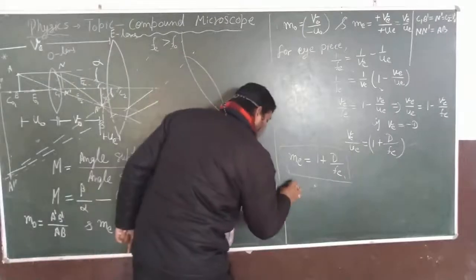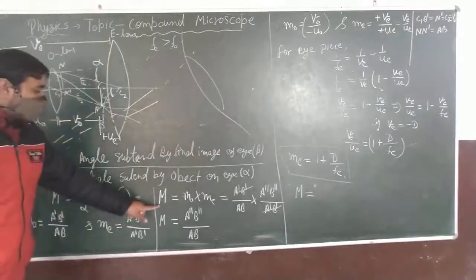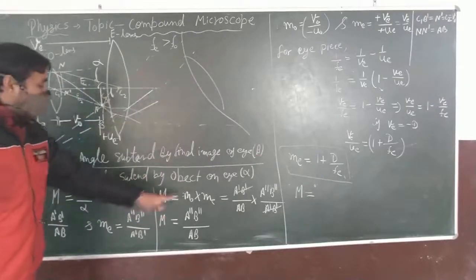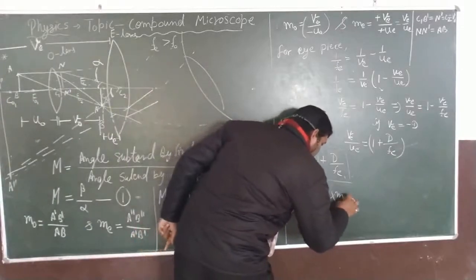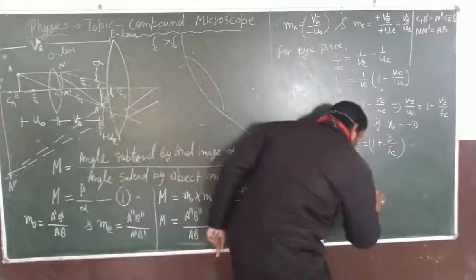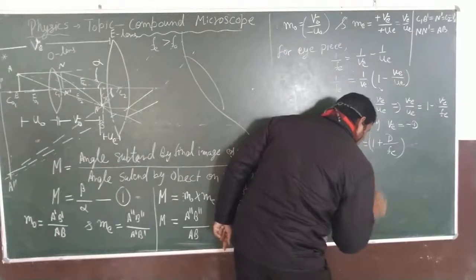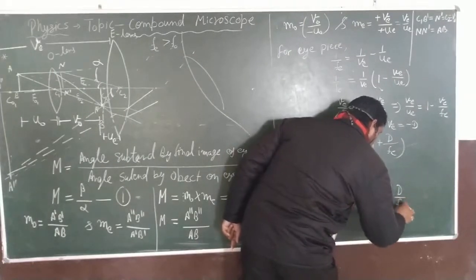Therefore, the final formula for the magnification produced by the compound microscope is M naught into ME. By putting this value, we get V naught upon U naught and 1 plus D upon Fe.